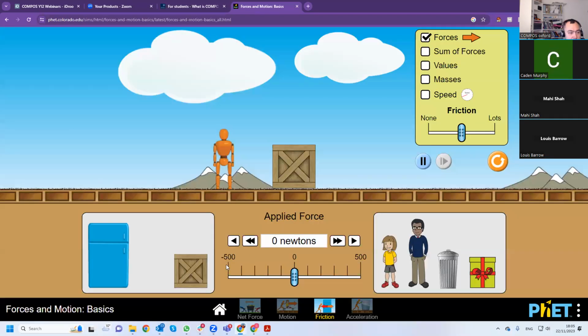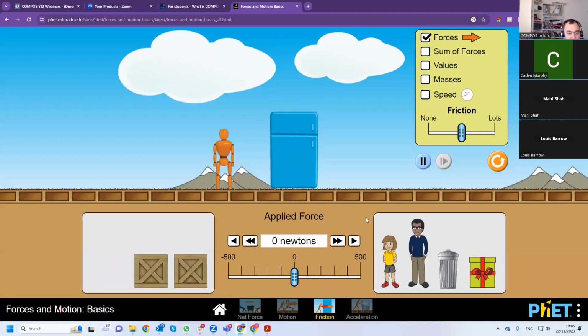Let's say we want to move a fridge. When we start pushing the fridge, you can see that the applied force is 1 Newton and the friction force is exactly 1 Newton. Because the fridge is not moving; if one of these forces was bigger, the fridge would be moving in that direction.